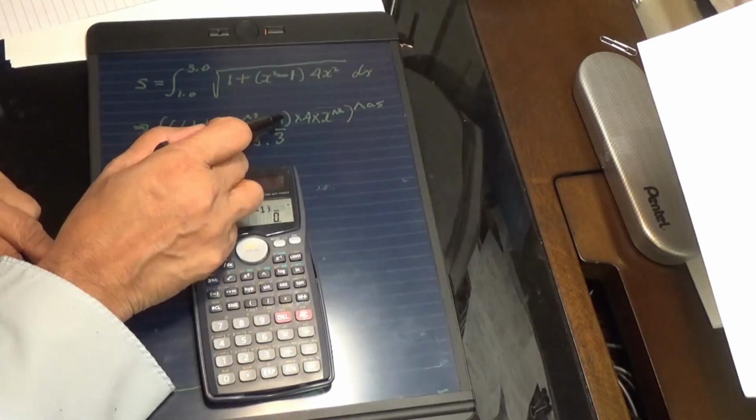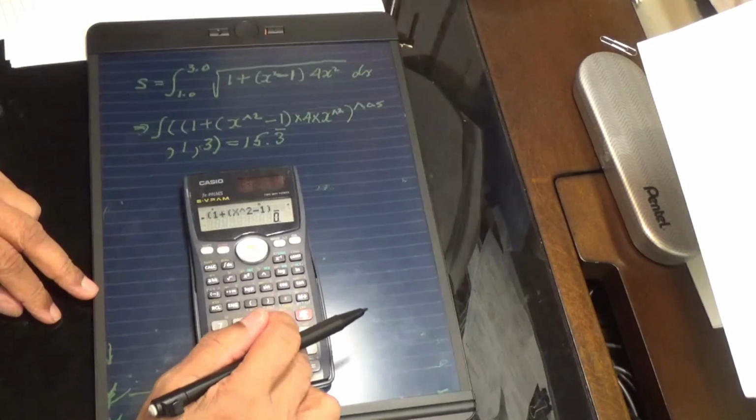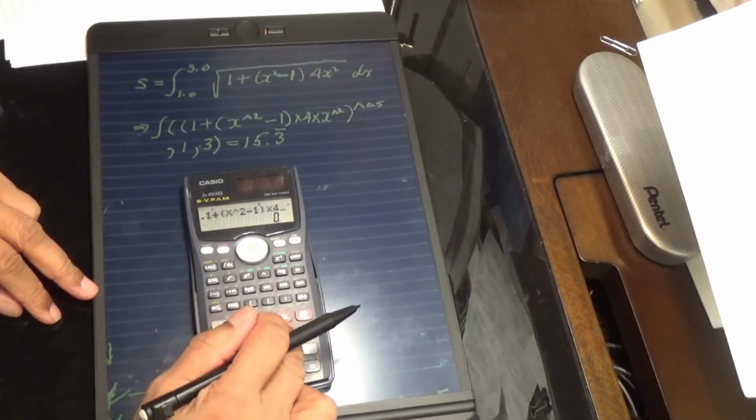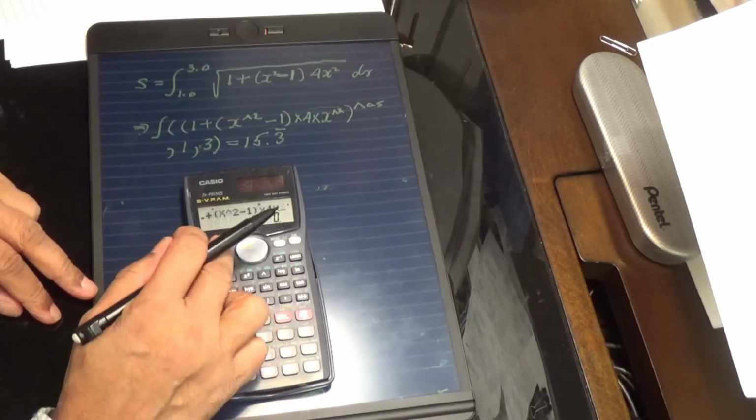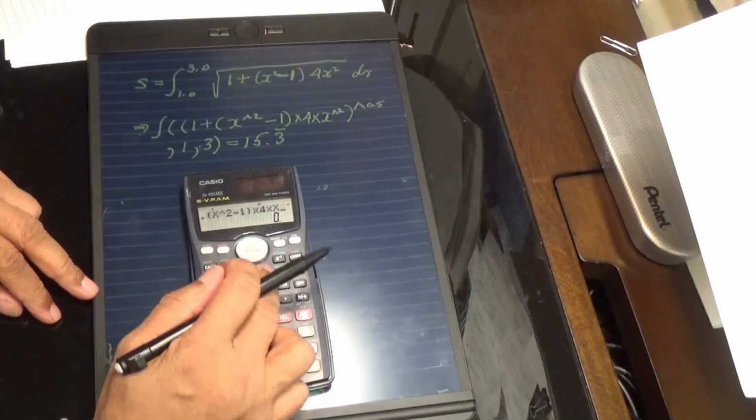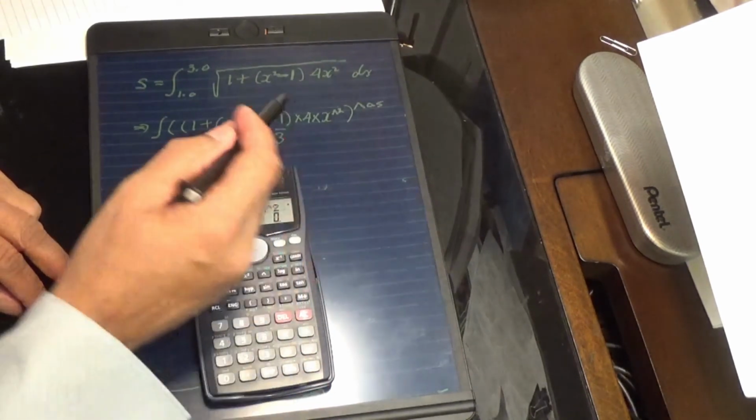To this point right now, I'm going to multiply by 4, multiply by alpha x hat 2, and I'm right at that point.